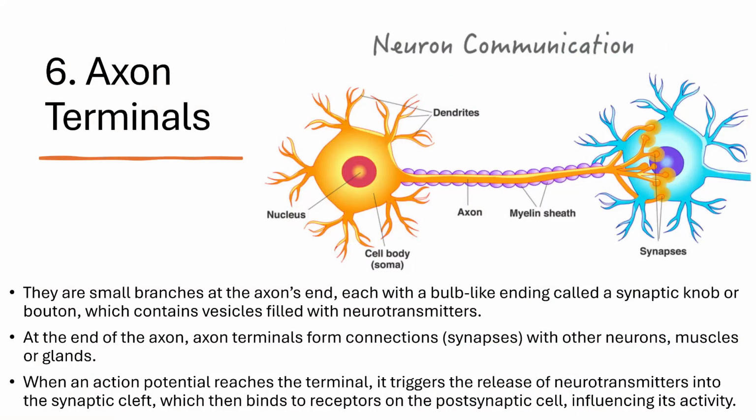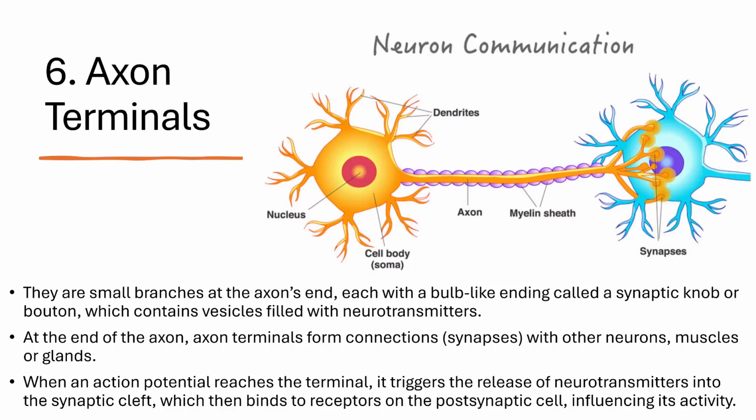Now, how the neurons communicate. We saw that the end part of the axon are the axon terminals. These are small branches at the axon's end, each with a bulb-like ending called a synaptic knob or button, which contains vesicles filled with neurotransmitters.